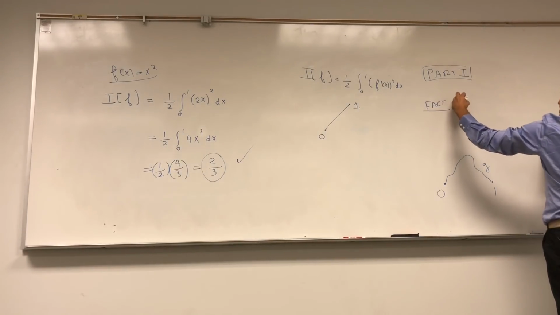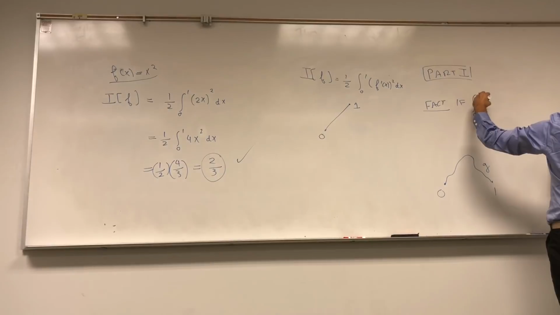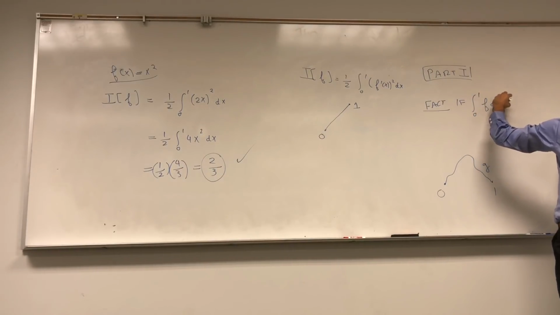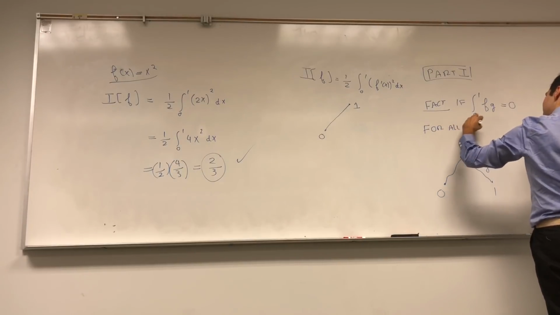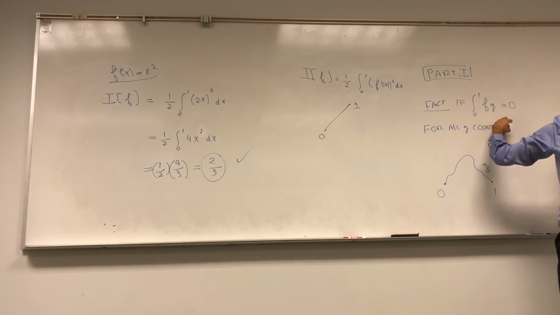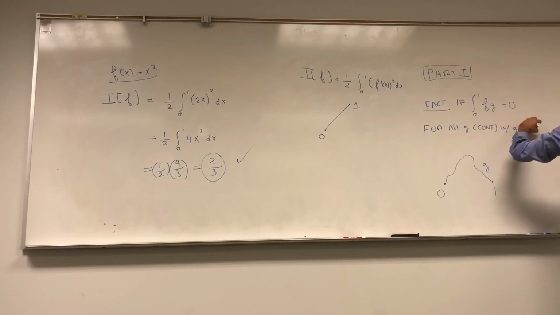And suppose the integral from 0 to 1 of f g equals 0 for all g, again continuous, with g of 0 equals g of 1 equals 0.